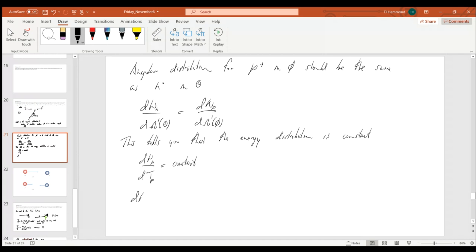And so what we have is dN_p by d omega prime is going to be dN_p by dT_p times dT_p by d omega prime.